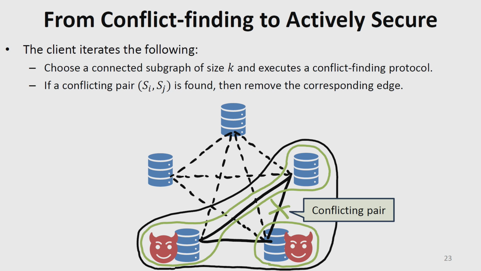If you remove more edges, then the algorithm will finish faster. But in the worst case, the asymptotic computation complexity does not change, because an adversary can introduce an error to only one server.